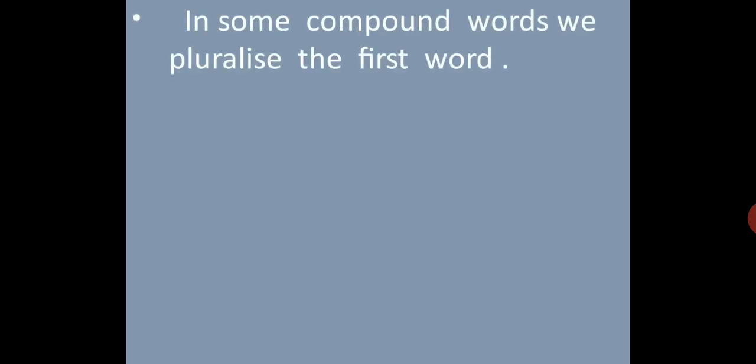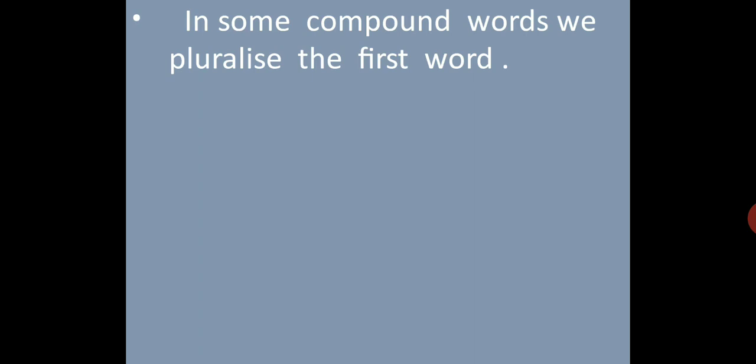Now we are moving on to the next rule, and the next rule is in some compound words we pluralize the first word. Now you may not understand what compound words are. Compound words are the combination of two different words, and when we want to make this type of word in a plural form, then what can we do?